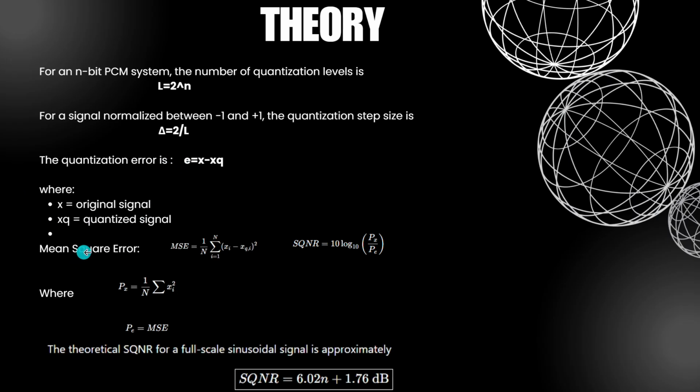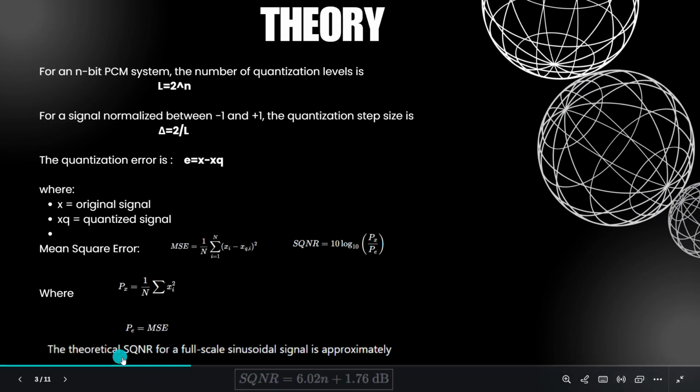Now, the mean square error is the average squared quantization error. And the SQNR is 10 log 10 Px upon Pe. The theoretical SQNR for the full scale sinusoidal signal is approximately SQNR equals 6.02 n plus 1.76 dB.